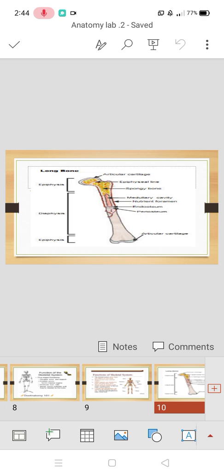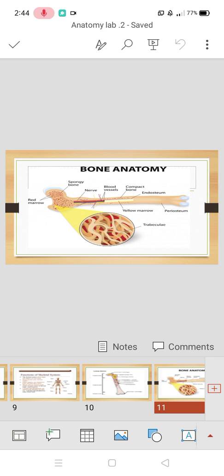Periosteum, a thin membrane on the outside of your bones. Articular cartilage, tissue that covers the ends of the bones. In bone anatomy, we have spongy bone, nerve, blood vessel, compact bone, endosteum, red marrow, yellow marrow, periosteum, and trabeculae.